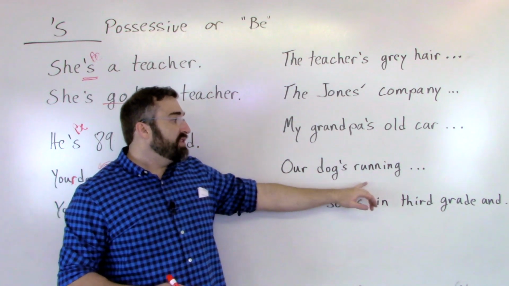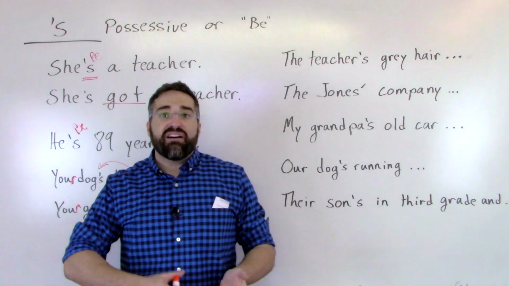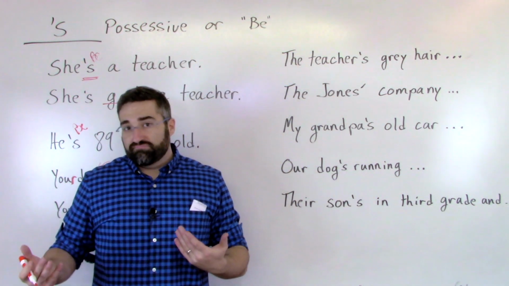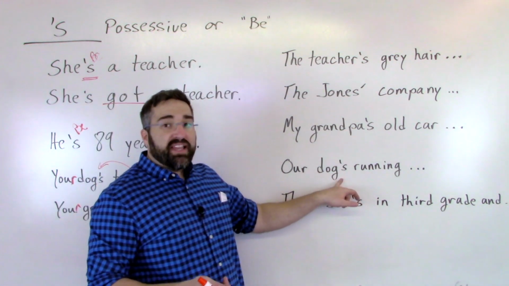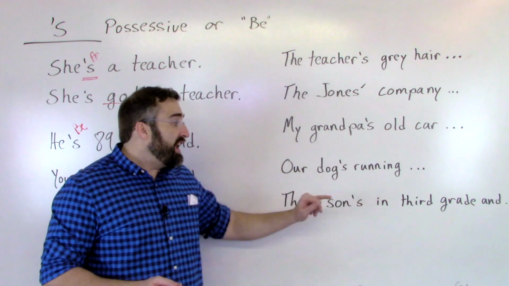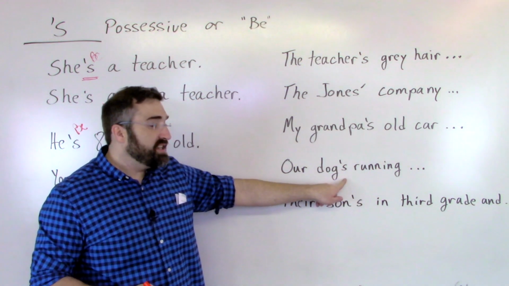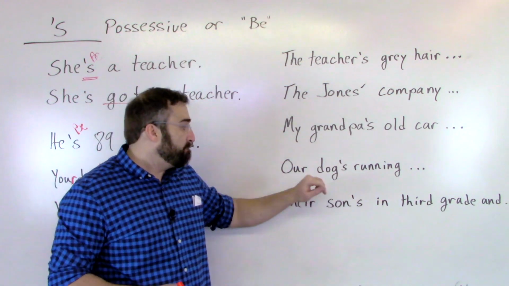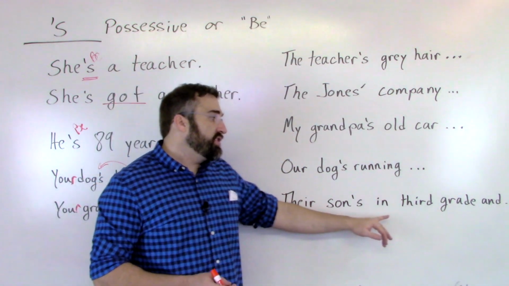Our dog's running. Okay, our dog's running. Can your dog have run? Can it have running? No. So we know in this case that this is the verb is. It's the verb be. And also, this is present continuous, and we'll learn about present continuous in another module later on. Their son's in third grade.